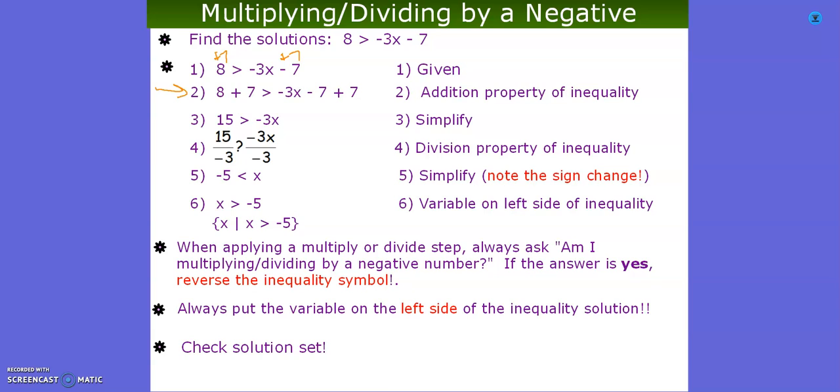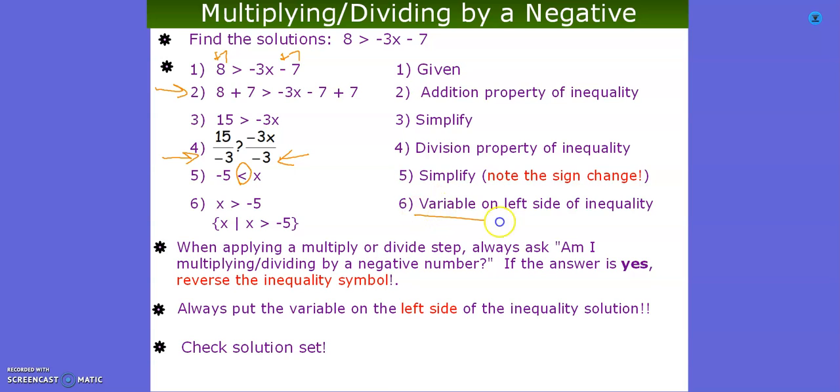Well, my next step would be to divide by negative 3. So here we go. We're dividing by a negative number, so we have to go ahead and switch our inequality symbol. The symbol switched directions, and we simplified. We got negative 5 is less than x.